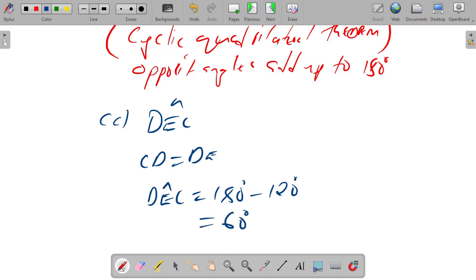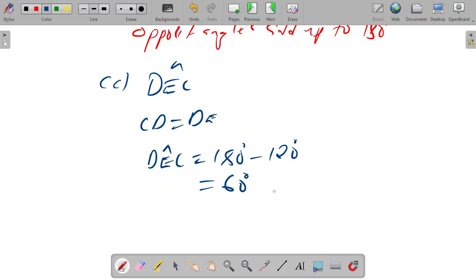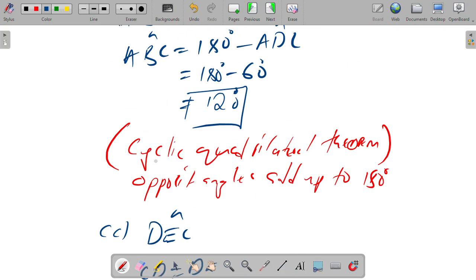We get 60 degrees. So DEC is 60 degrees. And now we don't just end here. Remember that we have two base angles, and these two base angles are equal, so each one should be halved.